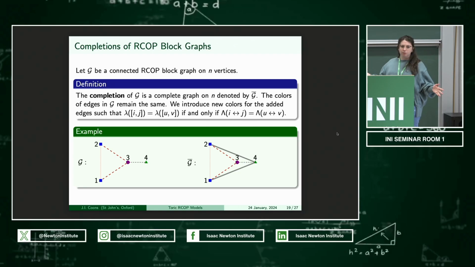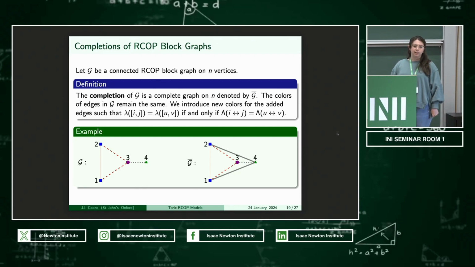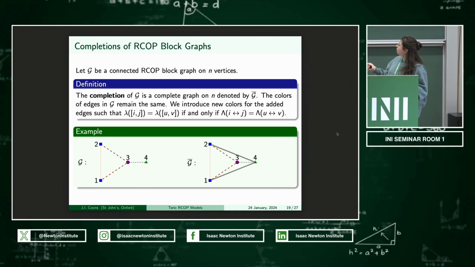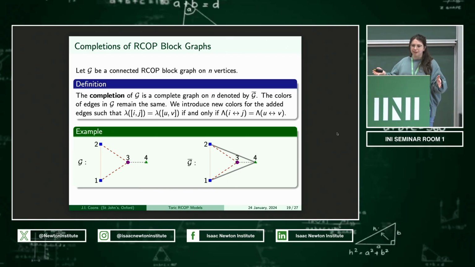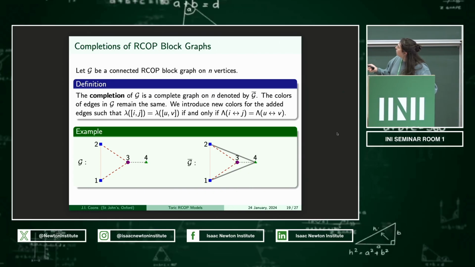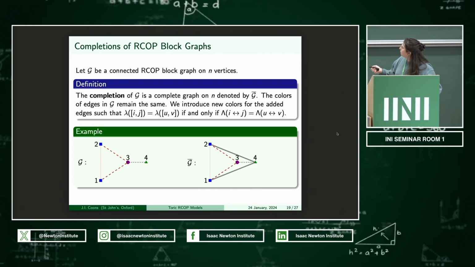It's a complete graph on n vertices, and the way that I color the edges that I've added is I let two edges be the same color if and only if the shortest paths between their endpoints use the same colors. Basically defining it to vanish on the shortest path map. So for example, here 1 to 4 and 2 to 4 use the same colors when I go between them, and so I add this edge in with the same color.